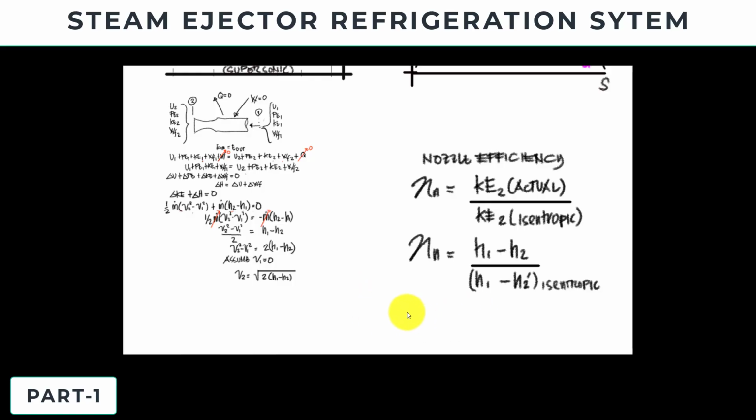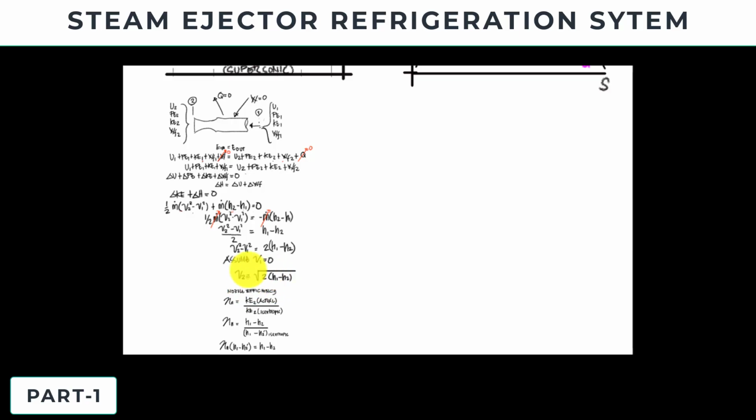Now transferring this one, we have the nozzle efficiency times enthalpy 1 minus enthalpy 2 prime. So this is equal to enthalpy 1 minus enthalpy 2, which is equal to the same.